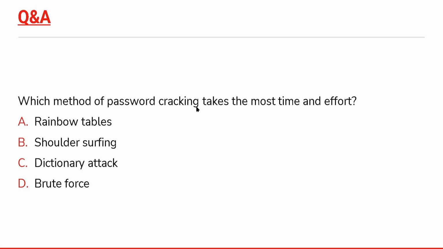Then we are having shoulder surfing. In shoulder surfing, you guys are giving your credentials, and I will simply come from behind while you are opening your system and try to see what credentials you are giving, right? Then after that, we are having the dictionary based attack.